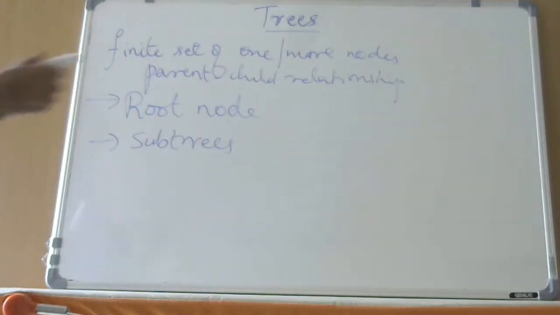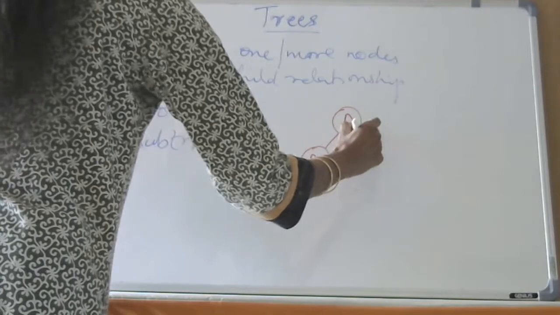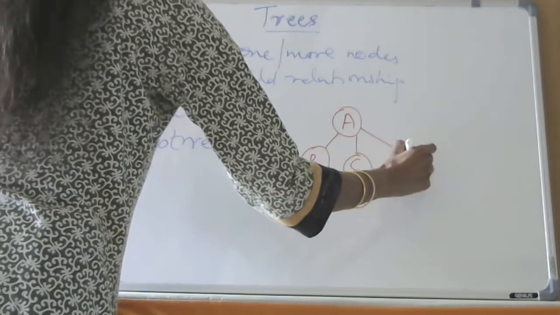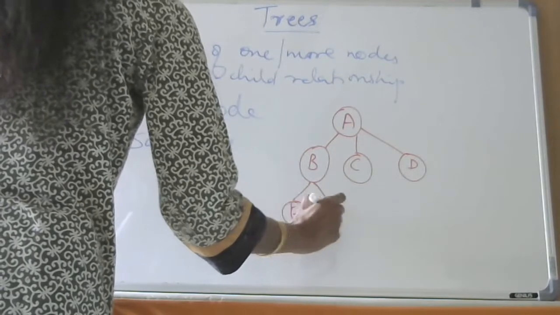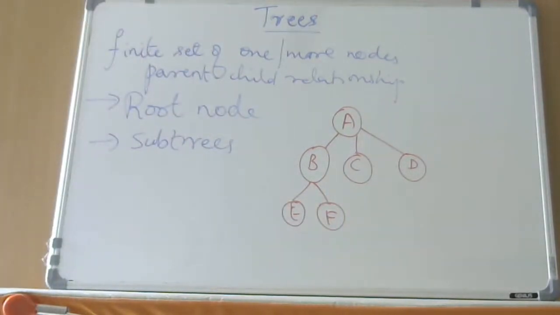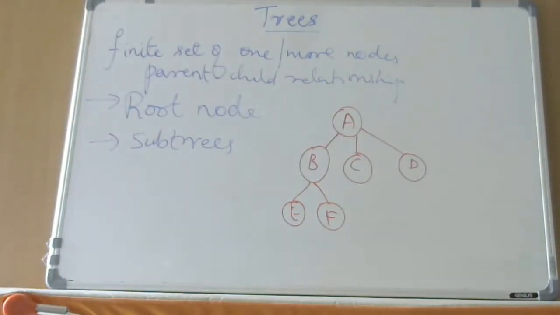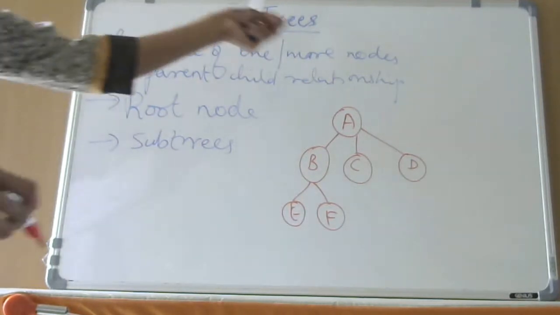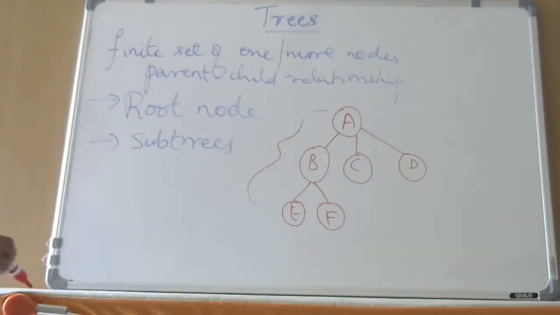Suppose we take any tree. This is how a tree looks like. Let's say you have C, you have D, something like this. This is what you call a tree. As I said, it is a finite set; obviously the nodes are countable. A finite set of one or more nodes which always represents a parent-child relationship, and there is always a special node called the root node.